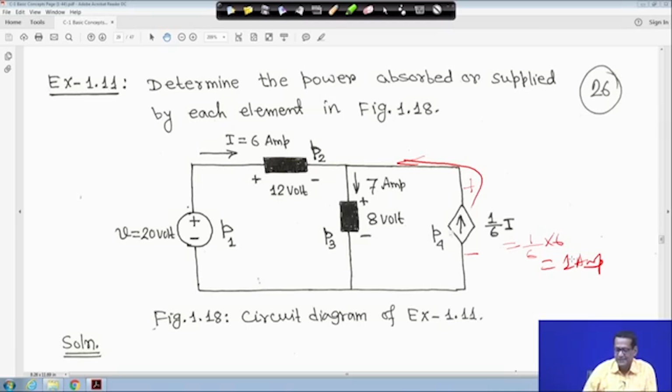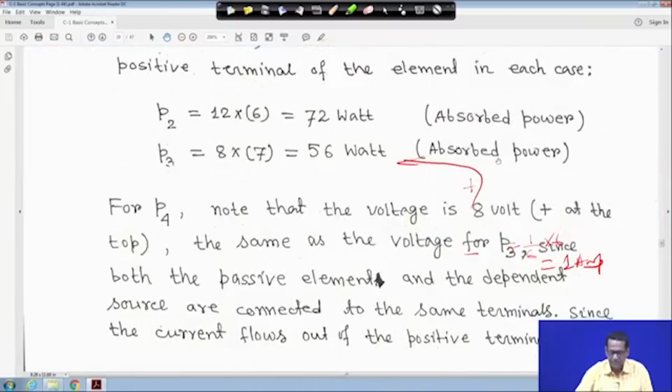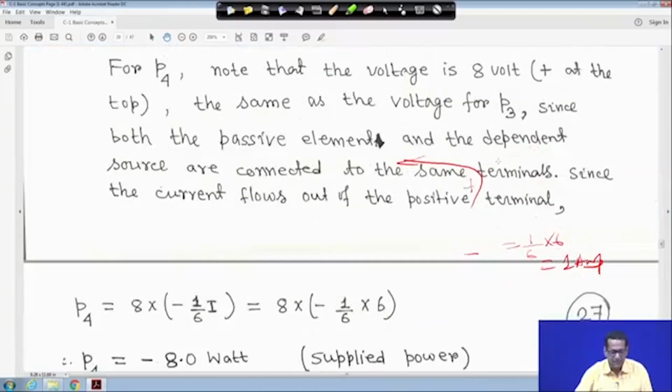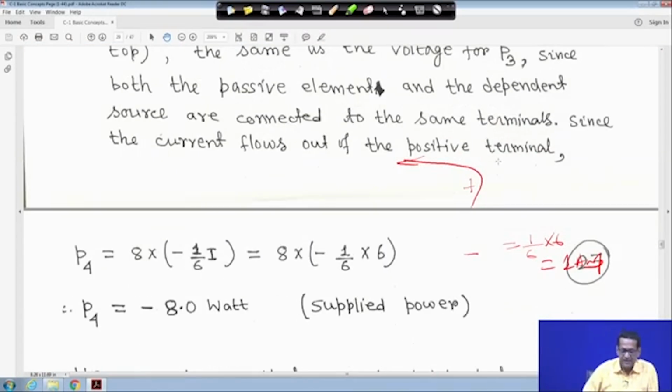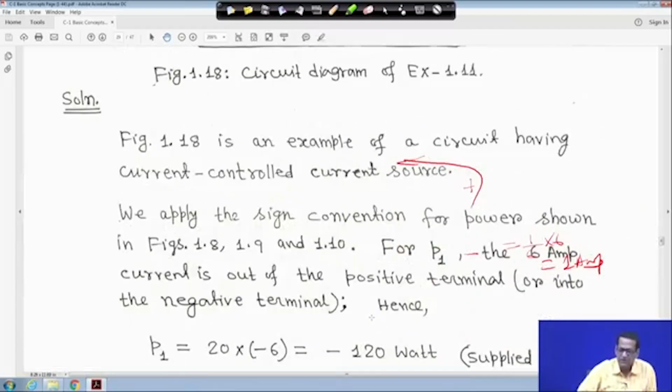Now, what is the voltage? If you come here, the voltage across this is 8, and because current is leaving the plus terminal, it is minus 1 and I is equal to 6 ampere. So it is coming minus 8 watt supplied power.